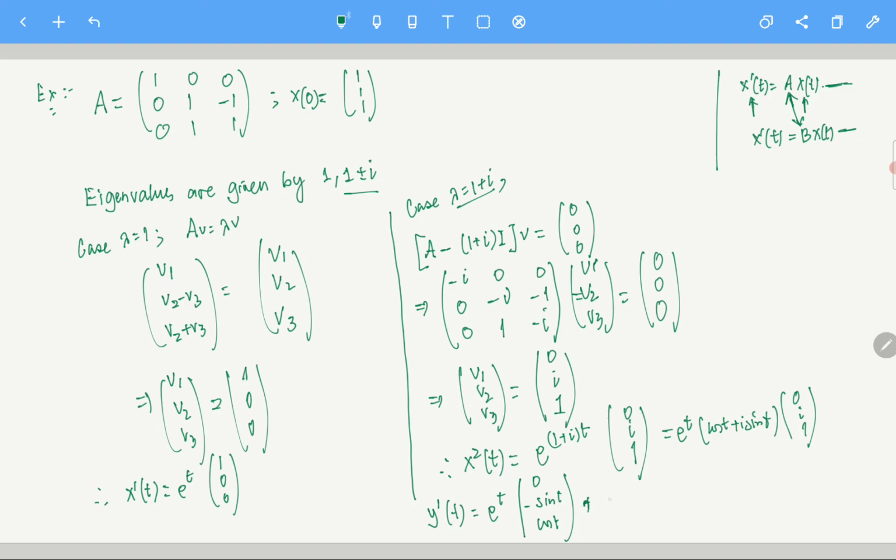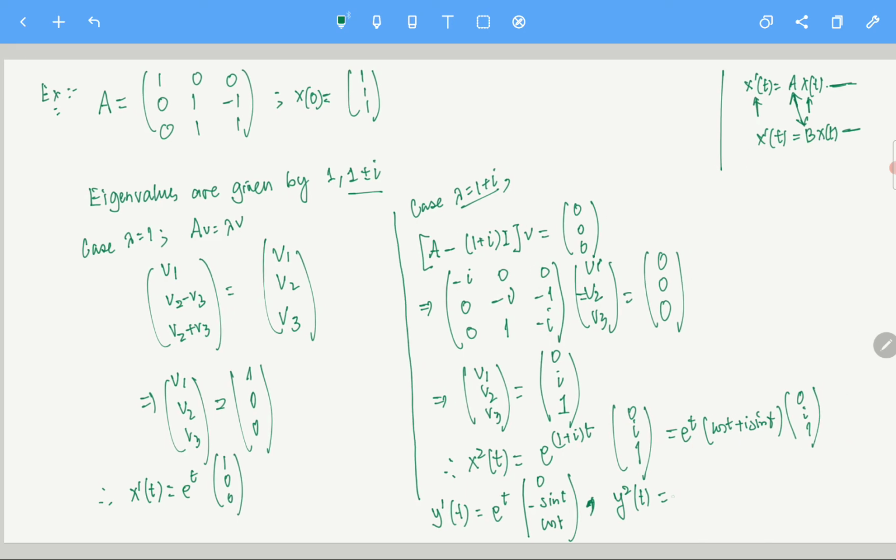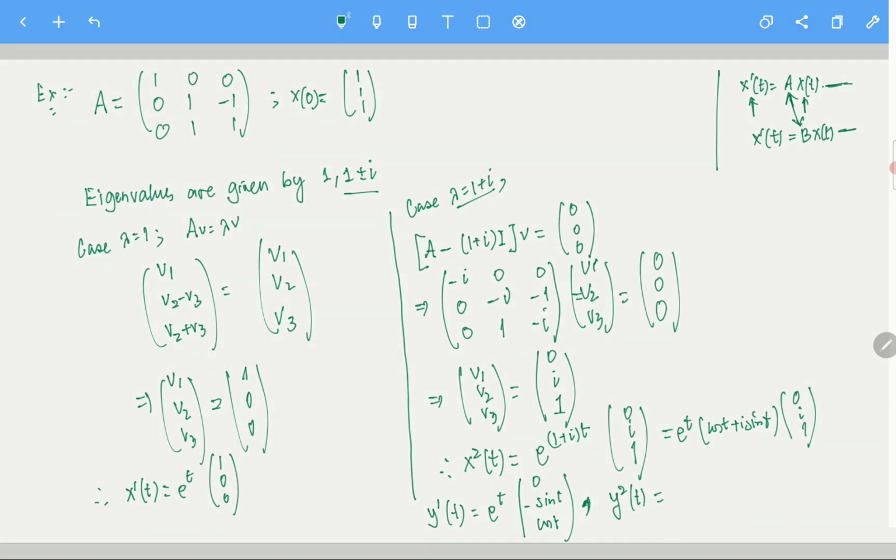So y1 and y2 of t is going to be e^t times (0, cosine t, sin t). Of course e^t is there. You just break everything up and write it together, that's all.